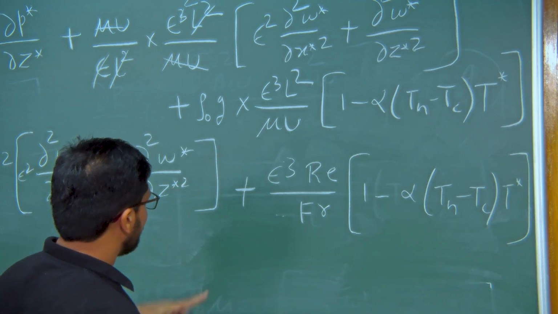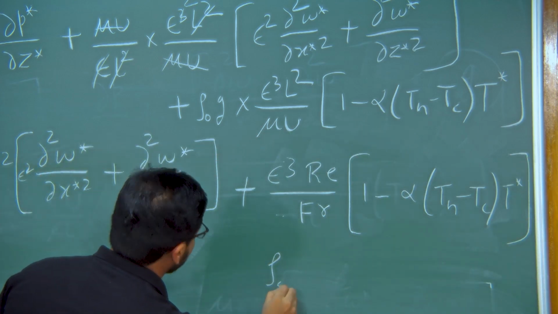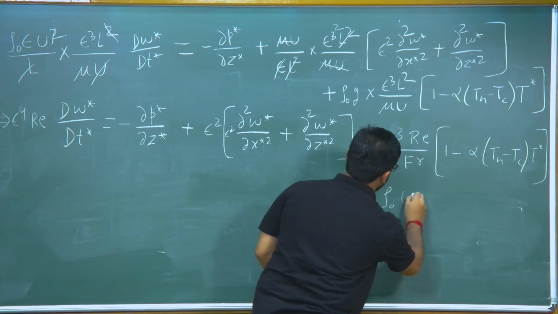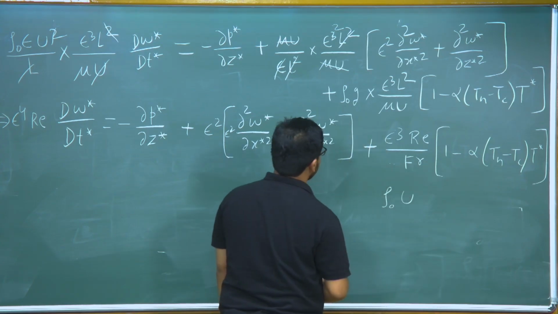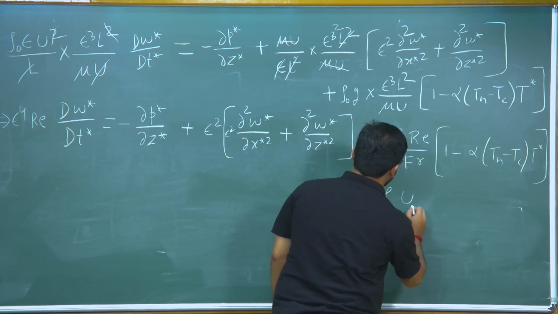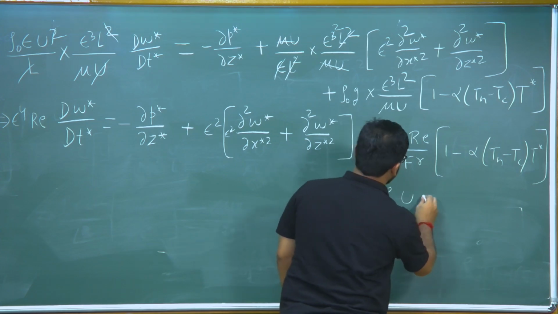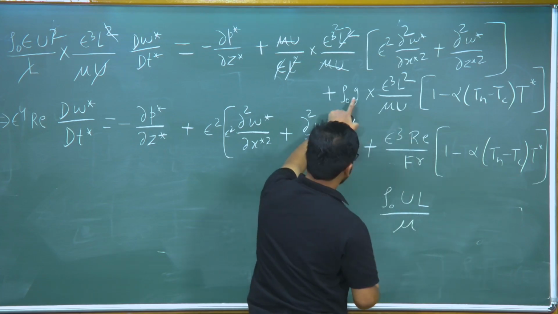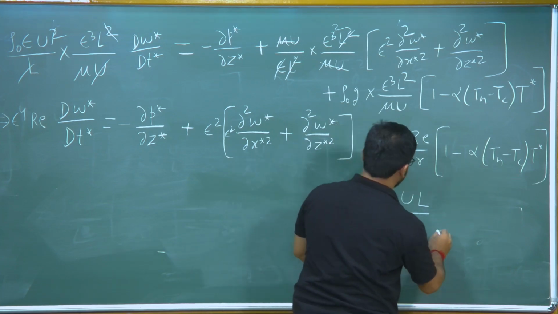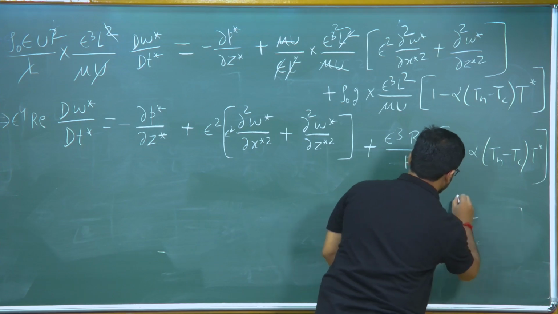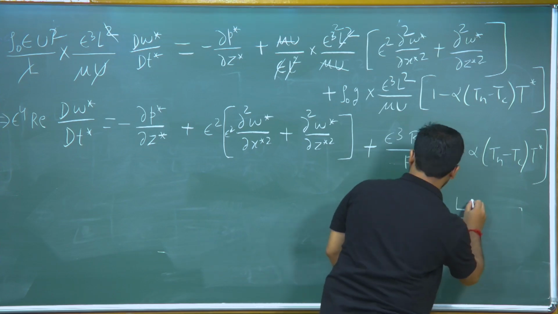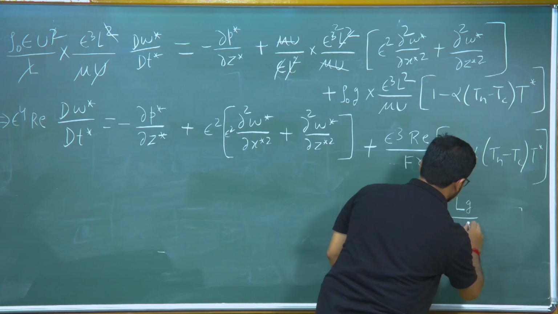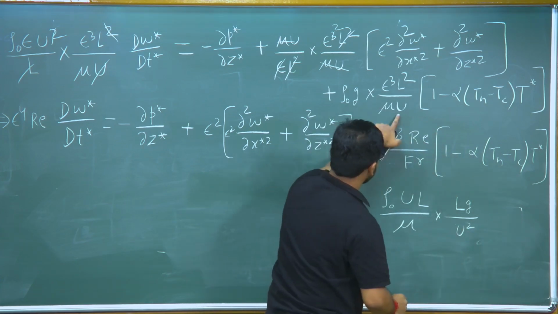So, we have this term, what I am doing? I am doing rho naught times, I am multiplying u in the numerator, and L is already there upon mu. So, I have multiplied u in the numerator, so I will have to divide it also. So, here it will become 1 L will be there, and here g will be also there, and because I multiplied u in the numerator, I will have to divide also.